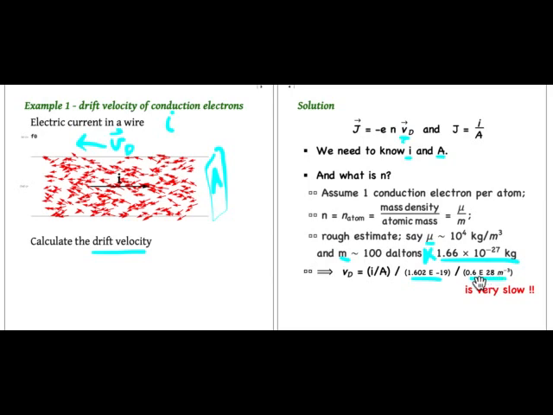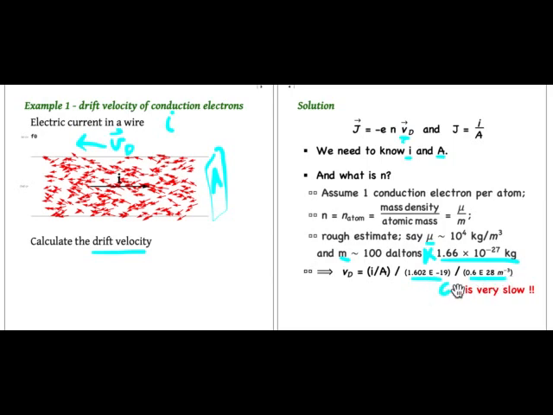The number density is much greater than 1 if I use standard units. So e would be 1.6 times 10 to the minus 19 coulombs. n would be something of the order 0.6 times 10 to the 28th per cubic meter.